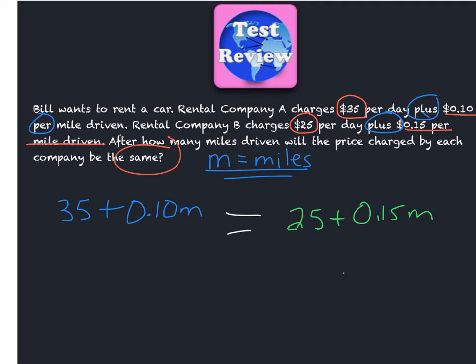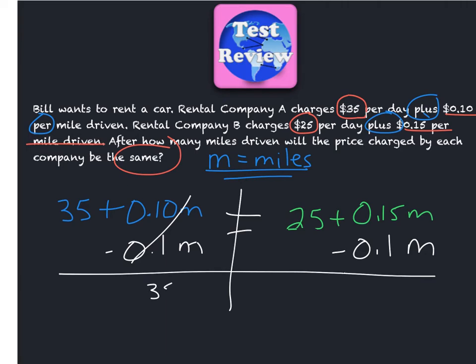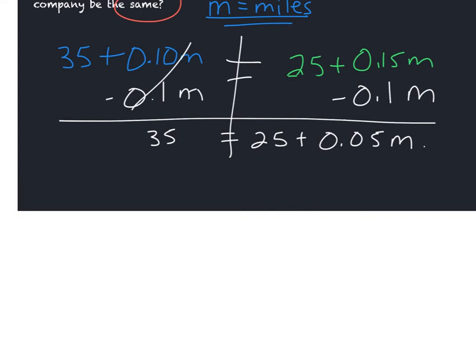So it doesn't matter which M you move over. I'm going to go ahead and move over the 0.1 M. So we'd subtract by 0.1 M, and we'd do the same on the right-hand side, and that would give us 35 on the left-hand side, and that's equal to 25 plus 0.05 M. Okay, then this would just be a regular two-step equation.